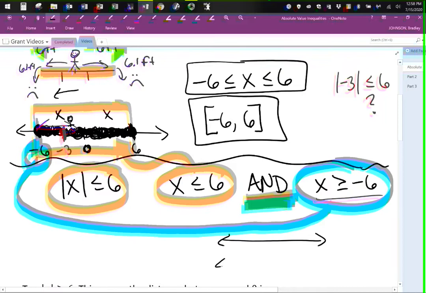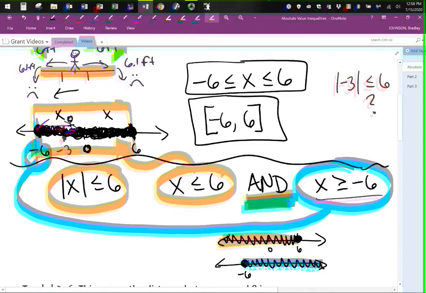Now, if we put that and statement together, what we could do, if we make a number line, two number lines really, and we mark where 6 is, and we shade less than or equal to 6, we'd shade everything that direction. And then if we marked -6, and we shade everything greater or equal to -6, right? Taking that blue part and taking that other colored piece.